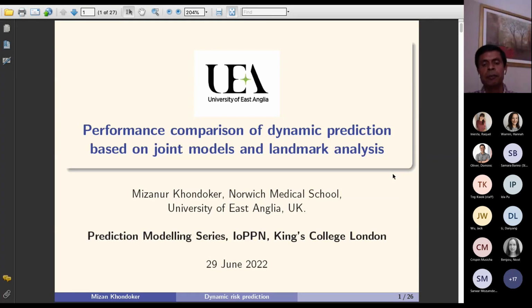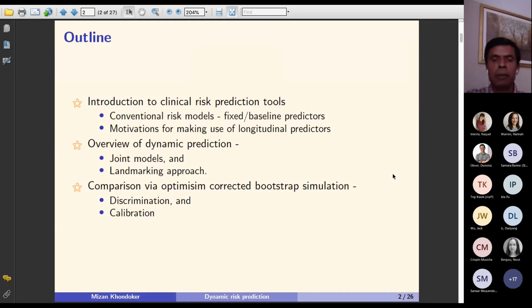So this is a brief outline of what I'm going to talk about today. I will start with a brief introduction to clinical risk prediction models, with an example of a conventional risk prediction model for cardiovascular diseases, and also introduce the motivations for making use of longitudinal predictors in dynamic prediction.